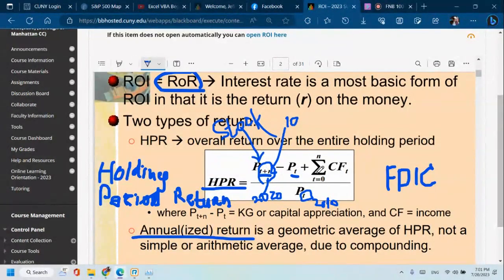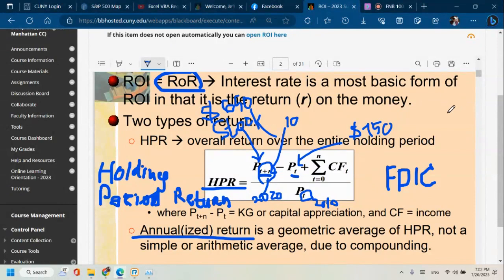If you're holding the stock for 10 years, 10 years ago, let's say the price of the stock was $150. 10 years later, in 2020, let's say it is $650.